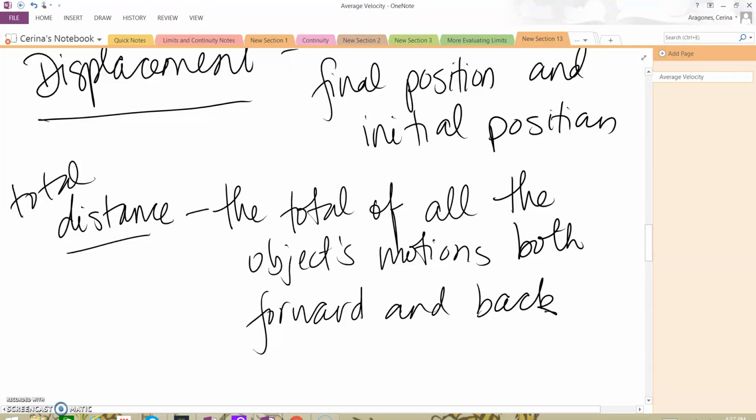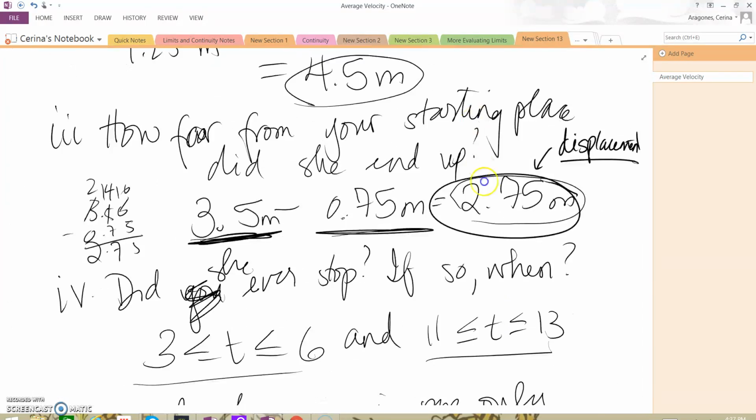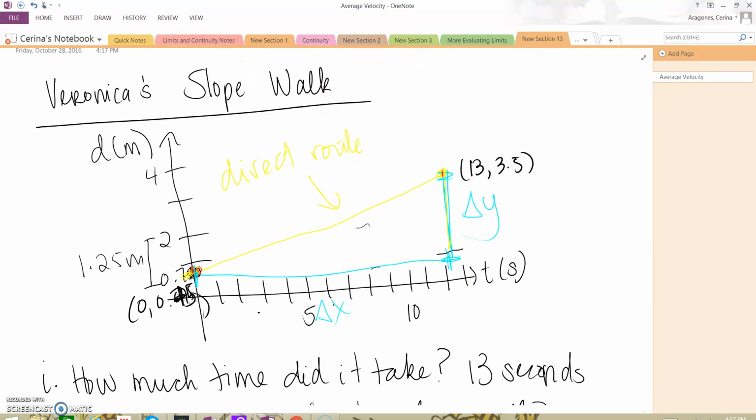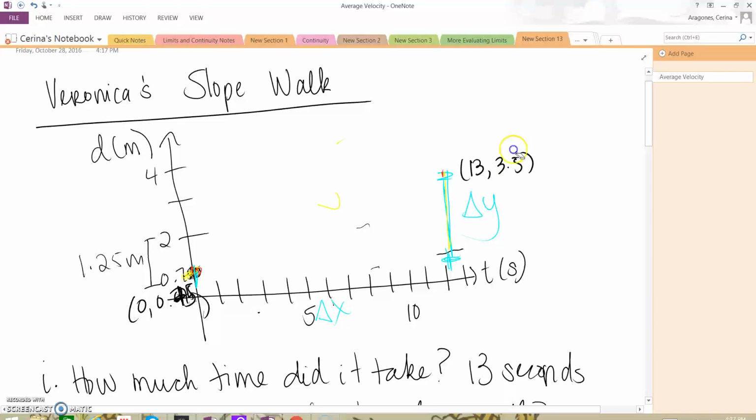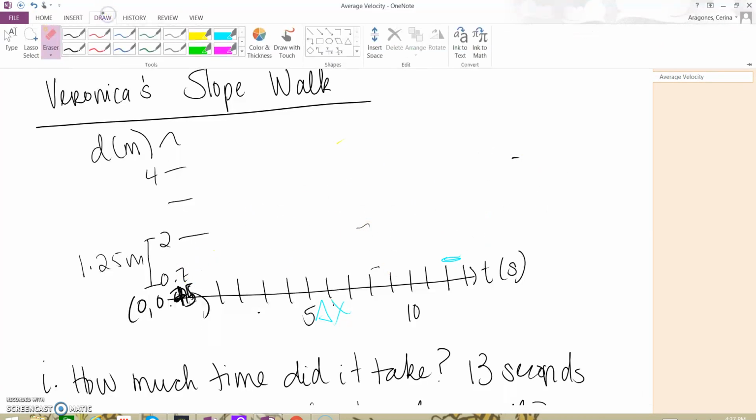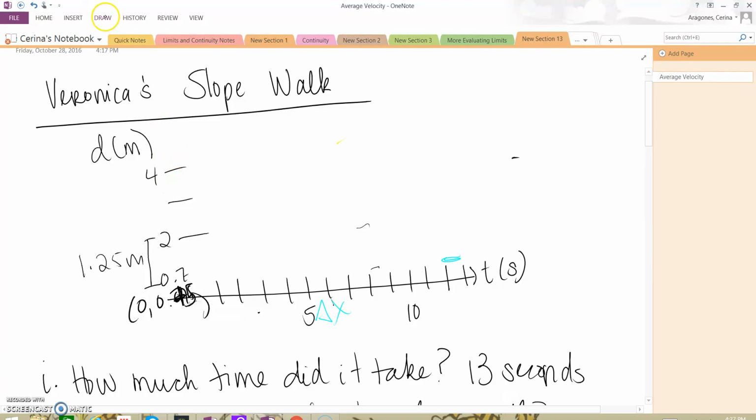So as you can see, again, back to Veronica's slope walk, we totaled up, at least the graph, but let me draw it just so you can see here. Her graph looks something like this, right?